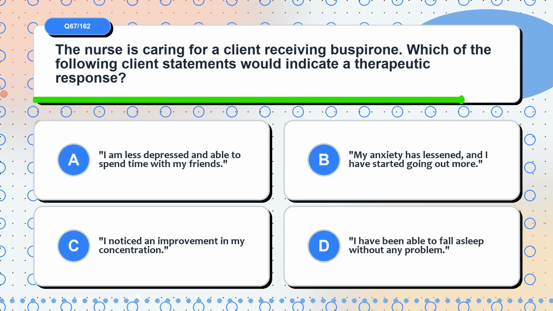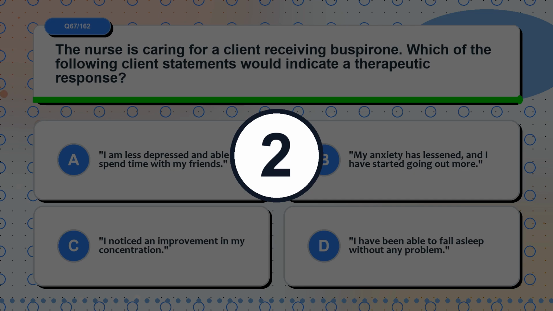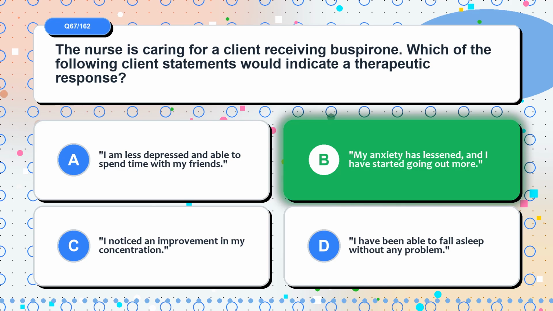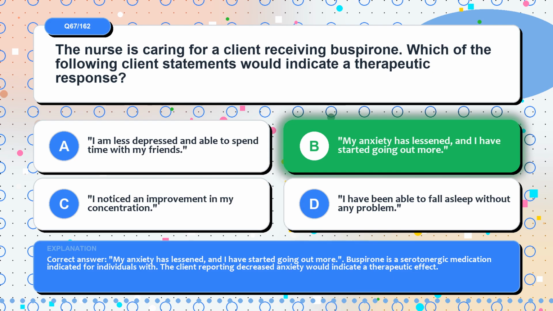Option D: I have been able to fall asleep without any problem. The correct answer is option B. Buspirone is a serotonergic medication indicated for individuals with anxiety. The client reporting decreased anxiety would indicate a therapeutic effect.